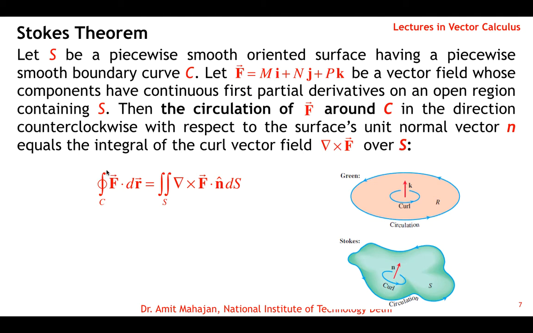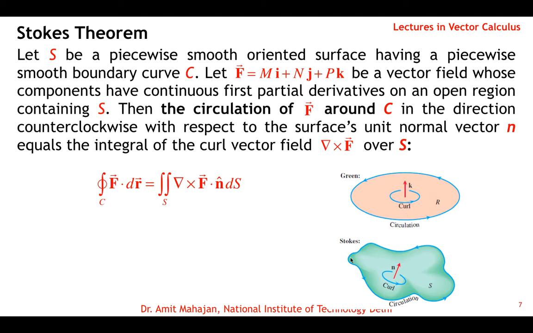That means the line integral of F dot dr, which is the circulation around the curve, can be calculated as the curl of the vector dot product with the unit normal vector over the surface. In Green's theorem we had a curve in a plane, say in the region R lying on the xy plane, so the unit normal vector was k.